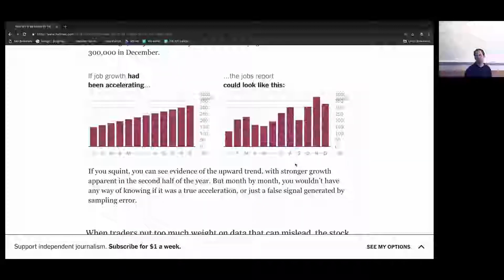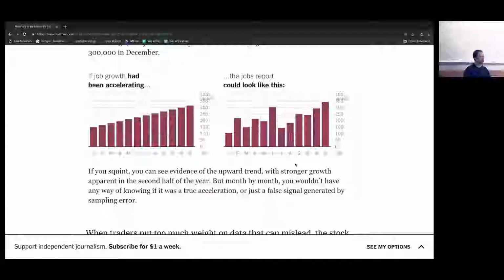Okay? So this is one of the basic statistical problems we need to solve in data interpretation, which is if there is randomness or noise in our data, then we need to know how much, and we need to know whether we're likely to be misled by it.